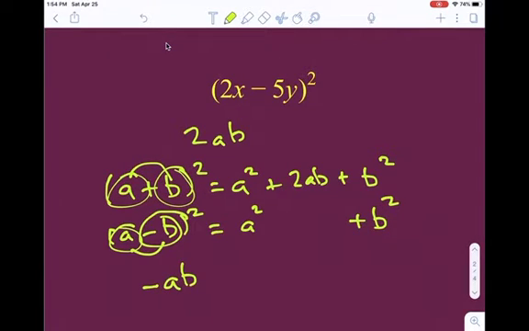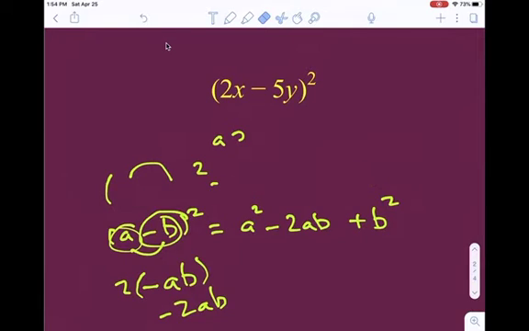And if I double that, I get negative 2ab, because that's the same as just multiplying this by 2. So the only thing that's different with the square of a difference is that the middle term is going to be negative, and that's really all there is to it.